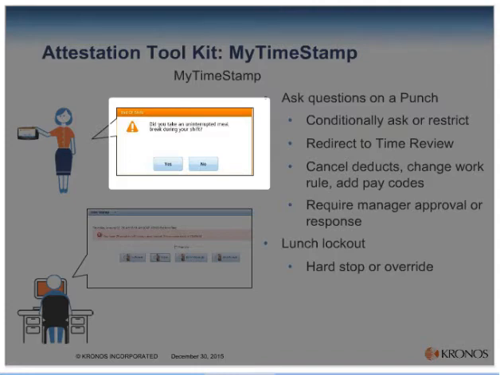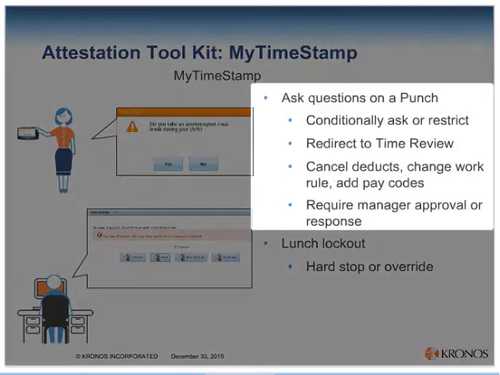Additionally, we provide functionality to conditionally ask questions or restrict punching. We can redirect an employee to daily or period time review if there's unapproved time. We can configure the system to cancel deductions, change work rules, or add pay codes. And we can require manager approval or response.